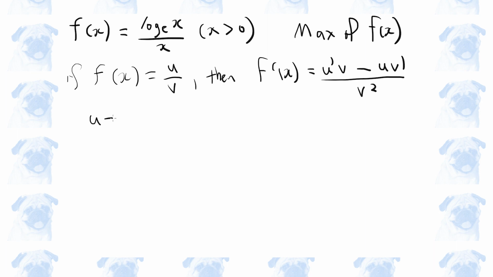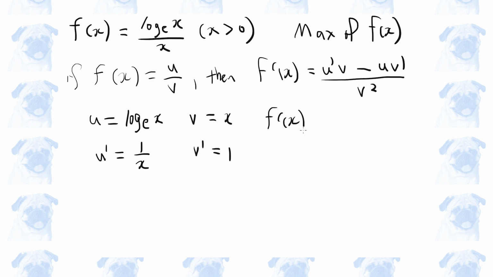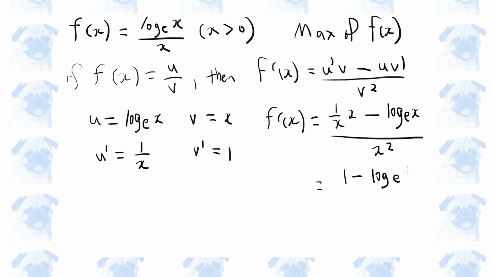In this case, u is log base e of x, so u dash is 1 over x, and v is x, so v dash is 1. f dash of x is 1 over x times x minus log base e of x times 1, over x squared, which is 1 minus log base e of x over x squared.